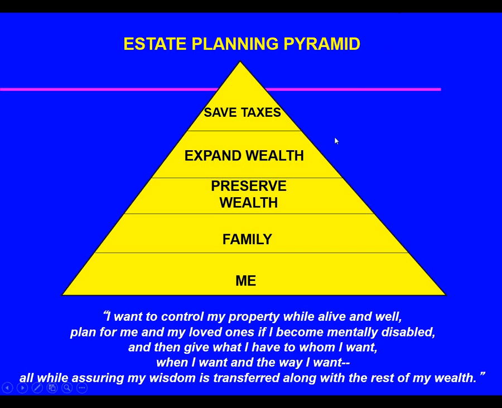Our process is called the 3-step strategy. This would be a way to develop a plan that works. One, develop your plan with counseling-oriented planning partners. Two, commit yourself and your loved ones to a formal continuing maintenance and education program. And finally, secure appropriate assistance for you and your family to transfer your wisdom along with the rest of your wealth.